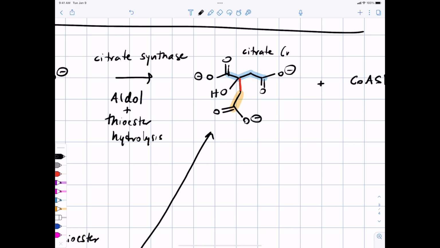Citrate is not chiral, and this arm here is exactly the same as that arm there. Should we count carbons? 1, 2, 3, 4, or maybe 5 and 6. Basically 3 equals 5 and 4 equals 6. So at this point, we now have completely lost track of our 2 carbons of acetyl-CoA.